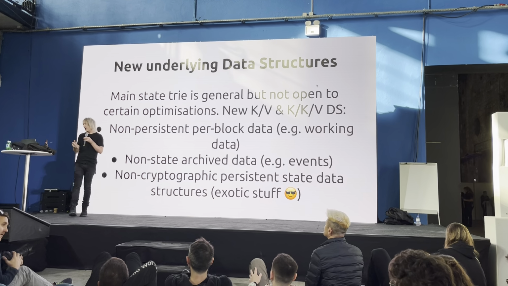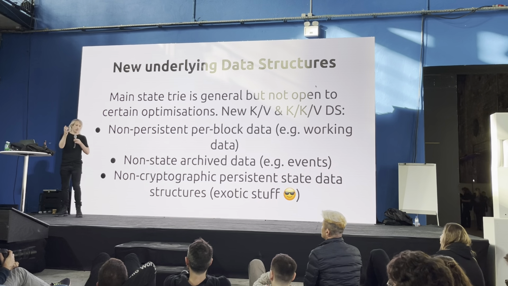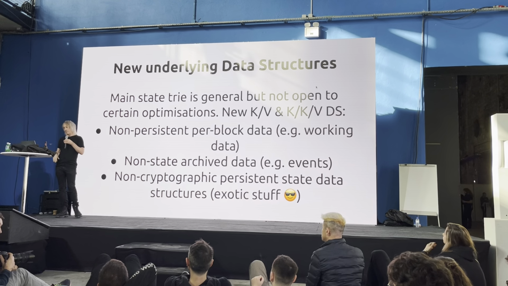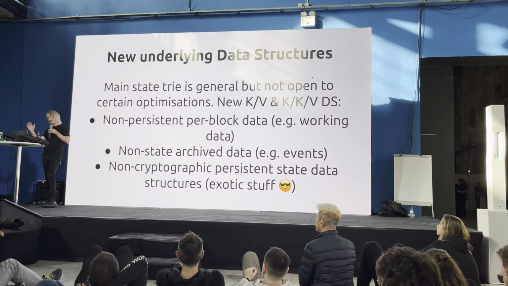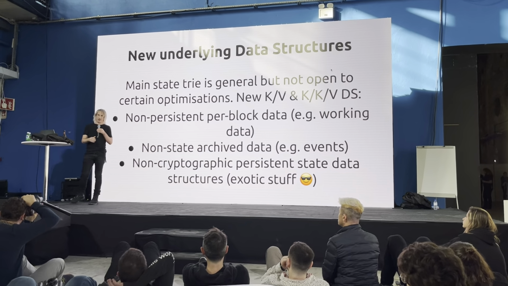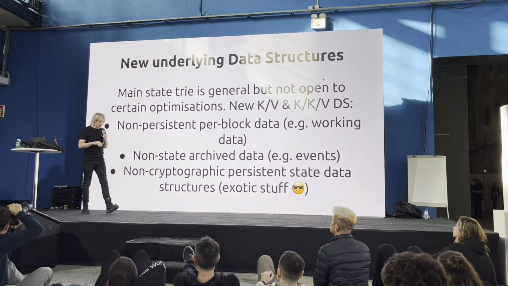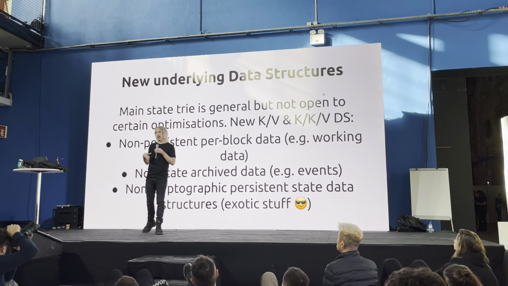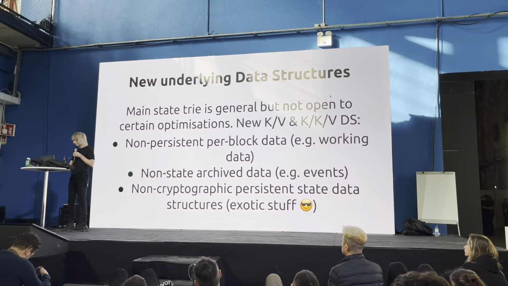You need the possibility of having an entirely arbitrary data structure, given a map of key value pairs. I'm not going to go too much into this at this stage because it would take a really long time, but suffice it to say, what we're going to try and do, there's already an issue, is implement some new host functions that allow for all of these things to happen super efficiently.